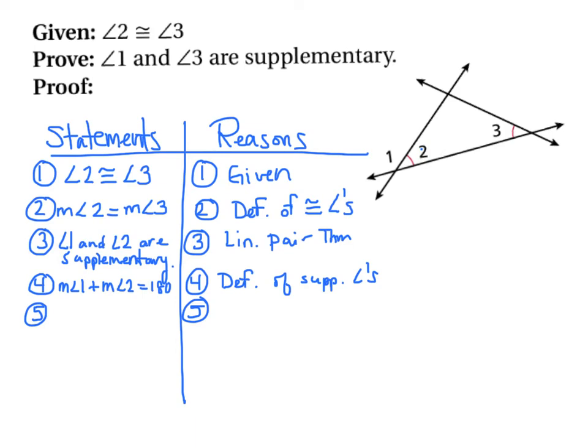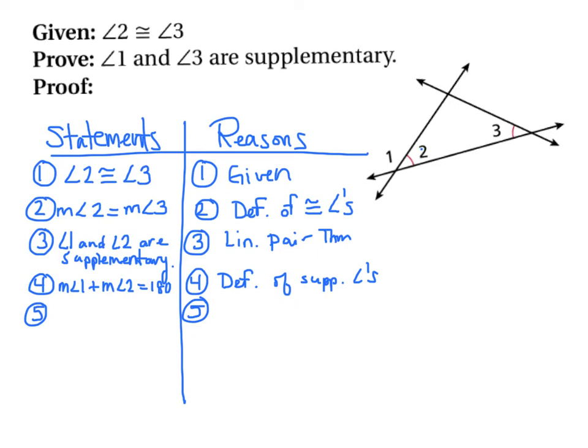So let's look at what we have here. The measure of angle 2 equals the measure of angle 3. I want 1 and 3 put together. I currently have 1 and 2 put together. But angle 2 is equal to angle 3. Remember when you did substitution with a system of equations?